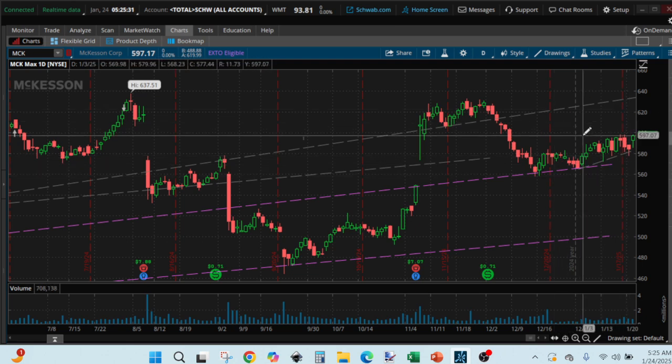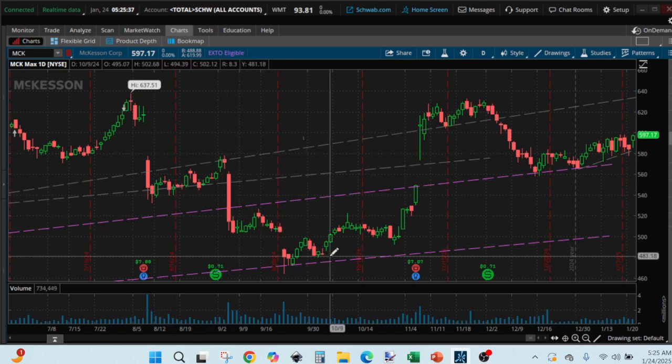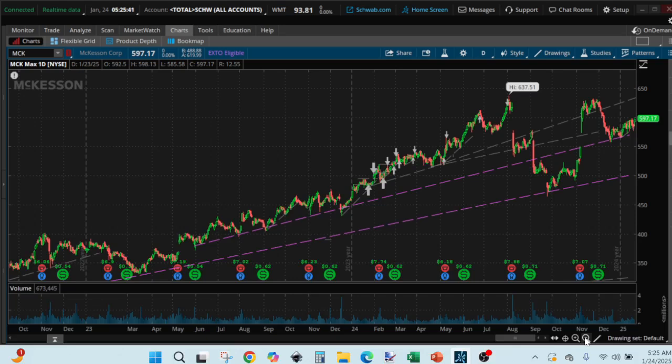Keep in mind that it did it here and then fell back though. But when was the last time it touched base with this trend line? It was a while ago.